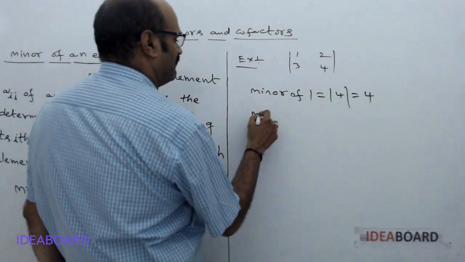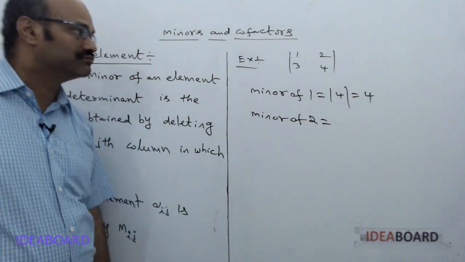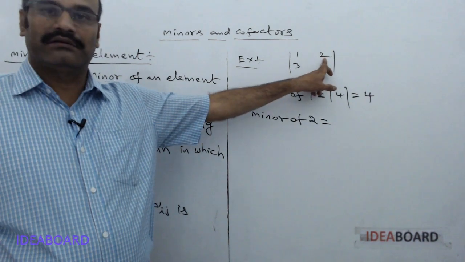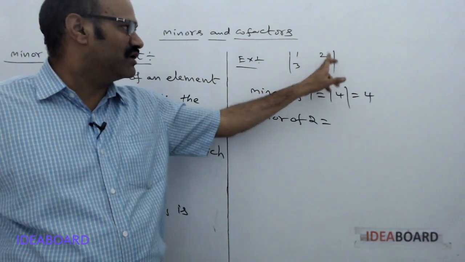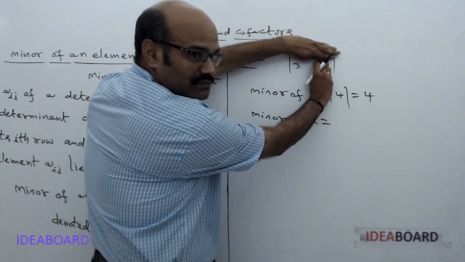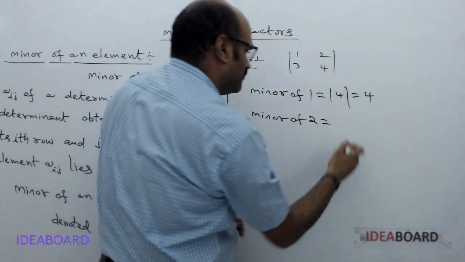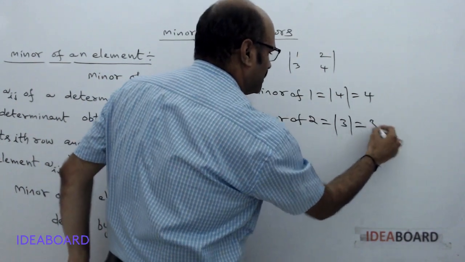Similarly, minor of 2: the element 2 lies in first row and second column. So remove first row and second column. We will have only one element, which you write in a determinant. Determinant of 3 equals 3.